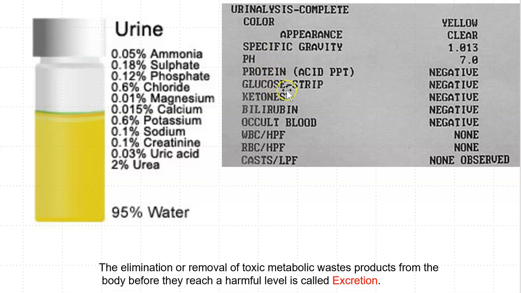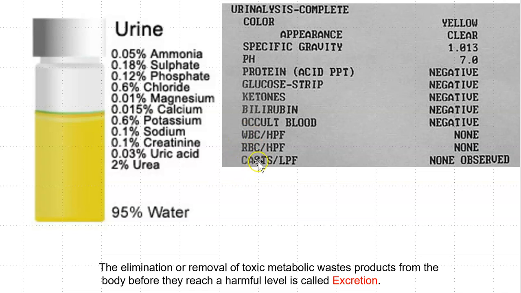It tells you the presence of glucose, ketones, bilirubin, or occult blood, which is basically invisible blood that you don't really see in the urine. You shouldn't see any red blood cells or white blood cells in the urine. Now, the presence of white blood cells in the urine is a sign of infection.